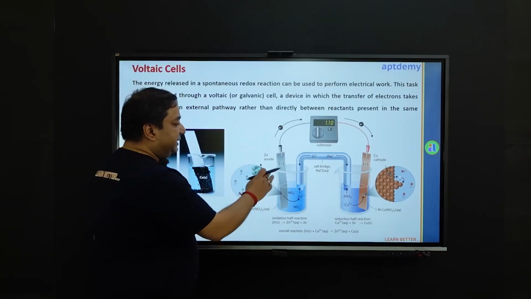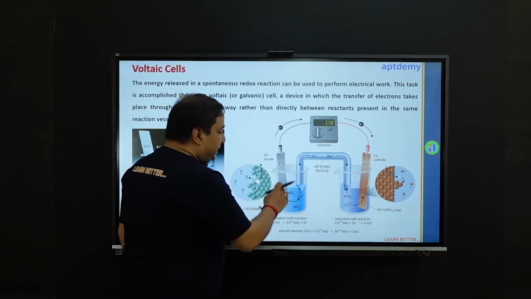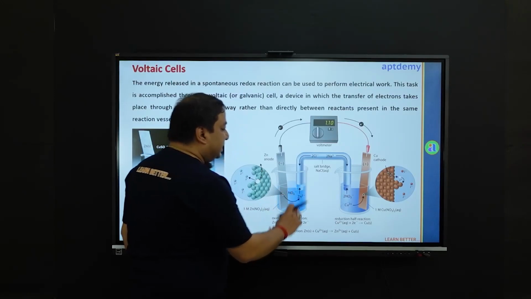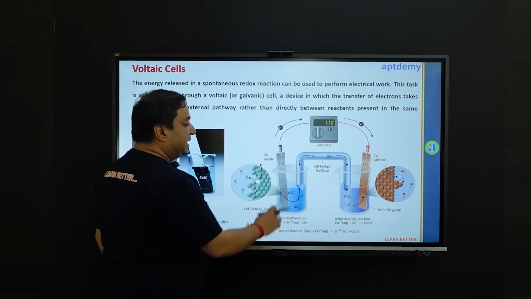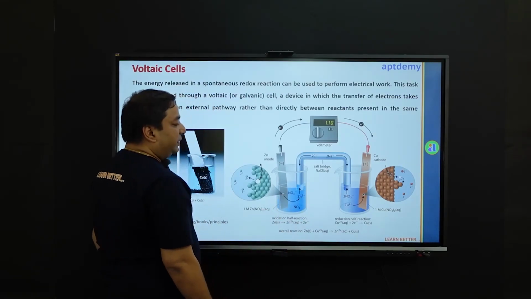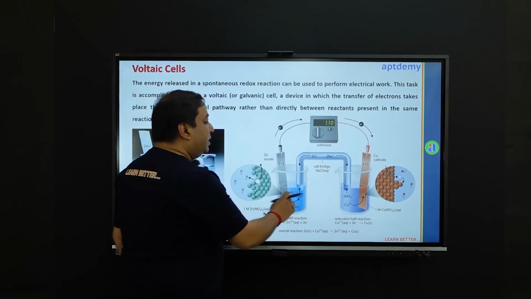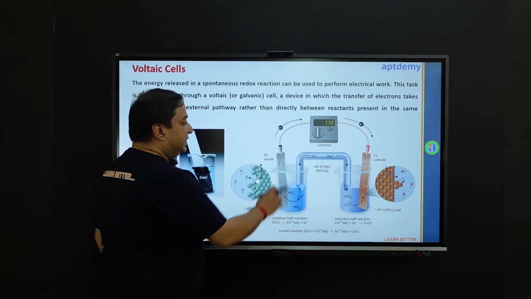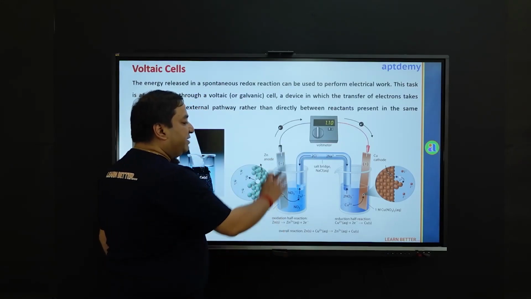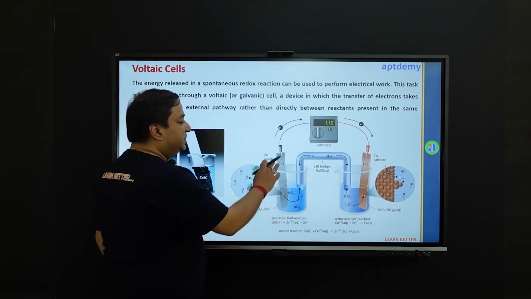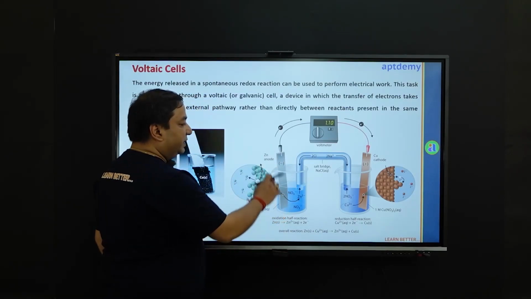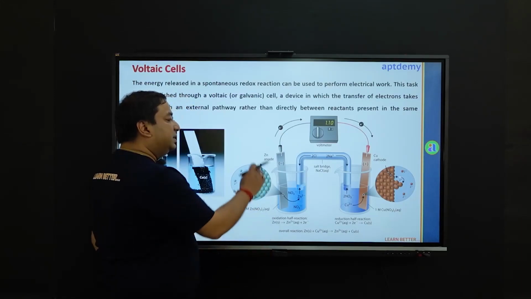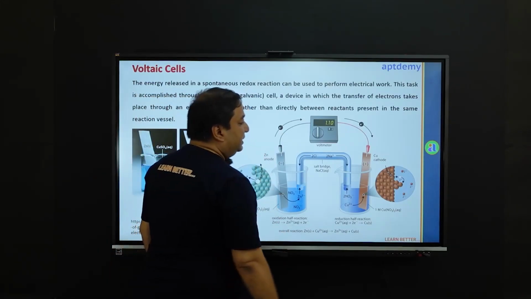Now, as we can see, zinc is losing its electrons to the electrode and it will be going inside the solution as zinc 2 plus ions. Okay, so here we can say oxidation is taking place, and so this electrode will be having excess negative charge, and that is why we are assigning it the minus sign over here, and it is called the anode, rather zinc anode.